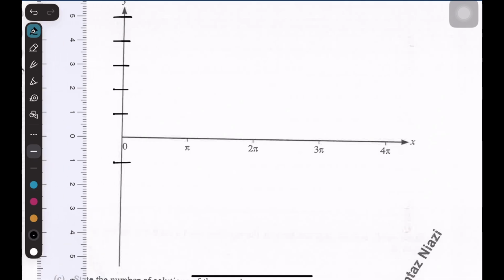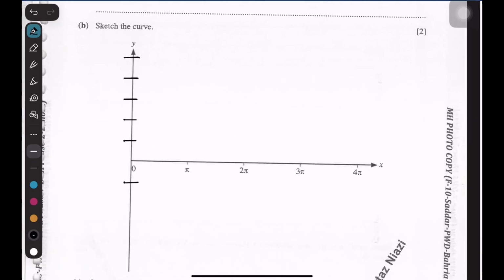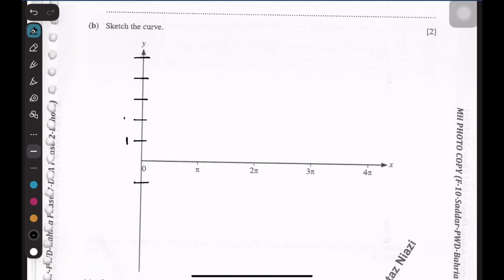Okay, so we've got our axes labeled. This is 1, 2, 3, 4, 5, and then -1. 0 is marked over there.